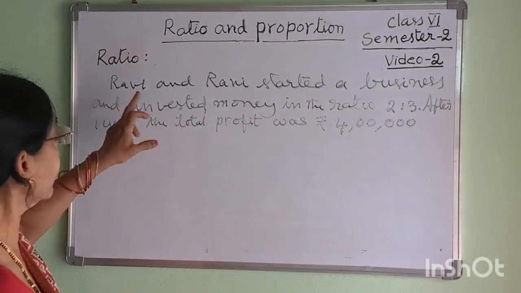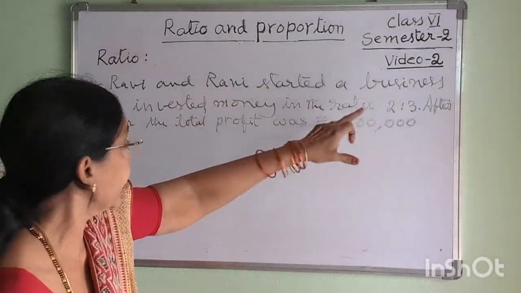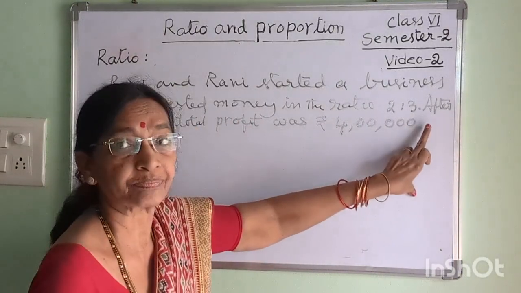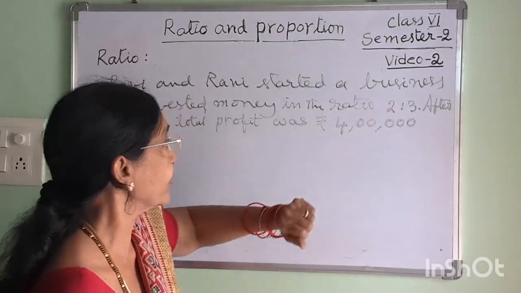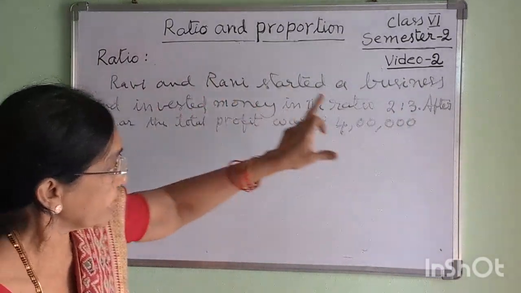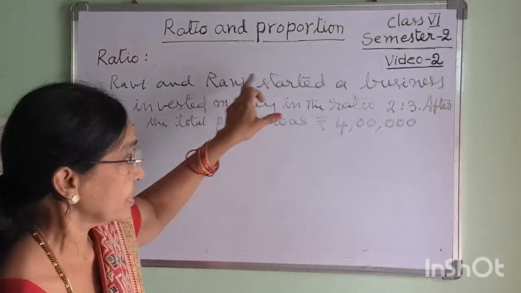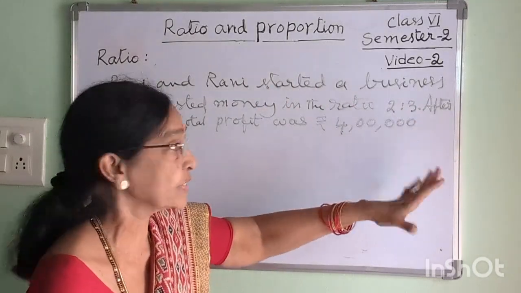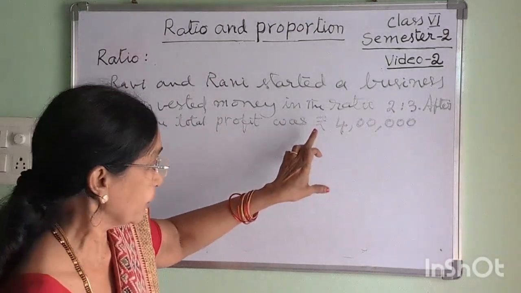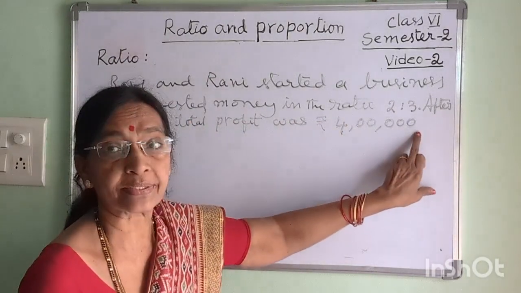The next example: Ravi and Rani started a business and invested money in the ratio 2:3. So who invested more? Rani invested more. So Ravi's share is 2 times and Rani's share is 3 times a certain amount. After 1 year, the total profit was rupees 4 lakhs.